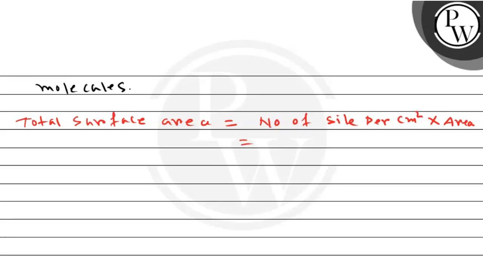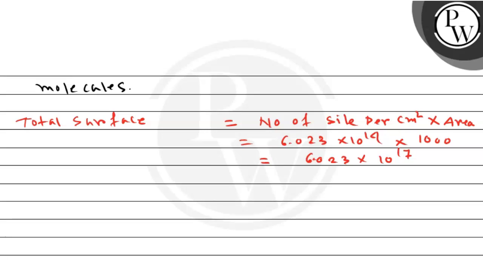The density is 6.023 × 10^14 and the area is 1000 cm². On calculation it will be 6.023 × 10^17. So this is the total surface sites available.